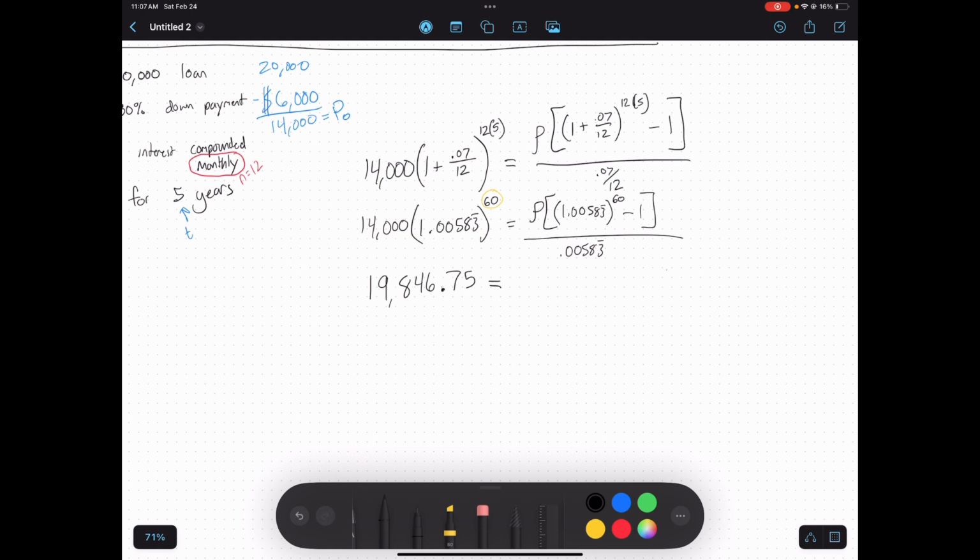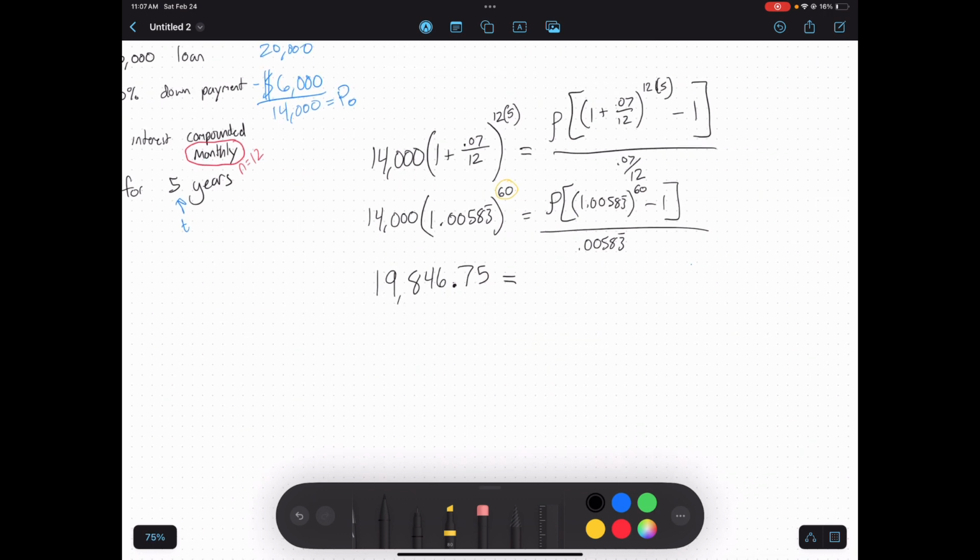So before we get into the annuity side, let's just talk about this value, 19,846.75, cents. What is this value? Once again, if I'm ignoring my payments, this value represents how much I would owe in 5 years if I didn't make any payments. My $14,000 loan would end up being almost a $20,000 loan in 5 years if I just ignore it and do not make any payments. I would then owe almost $20,000 instead of $14,000.